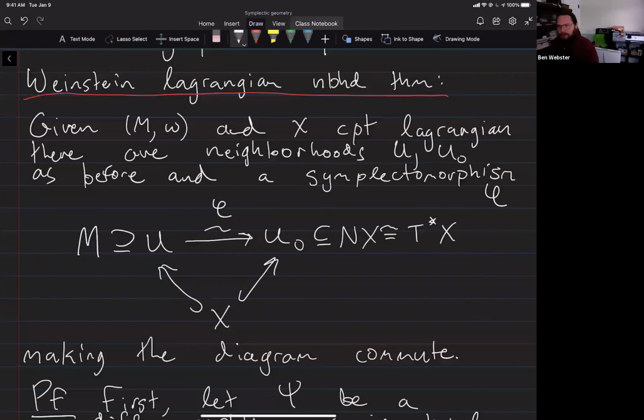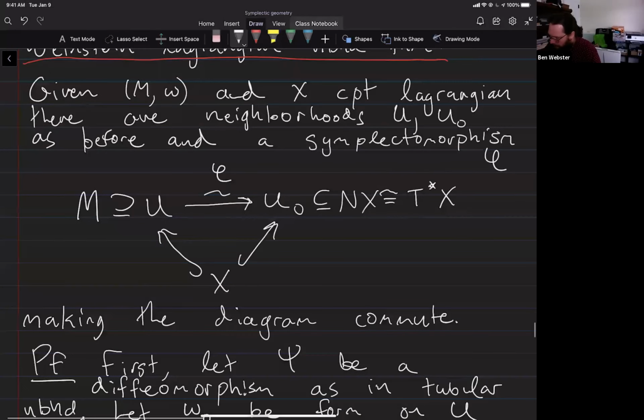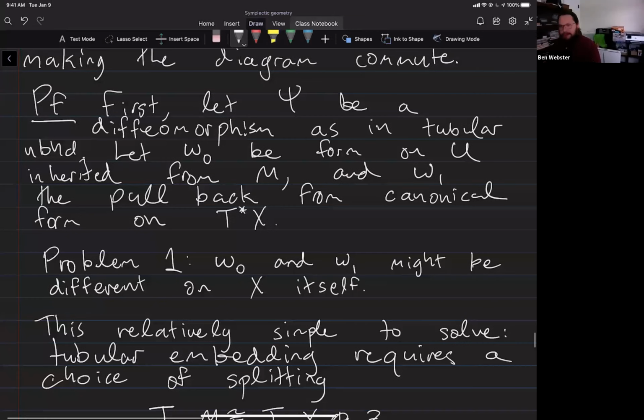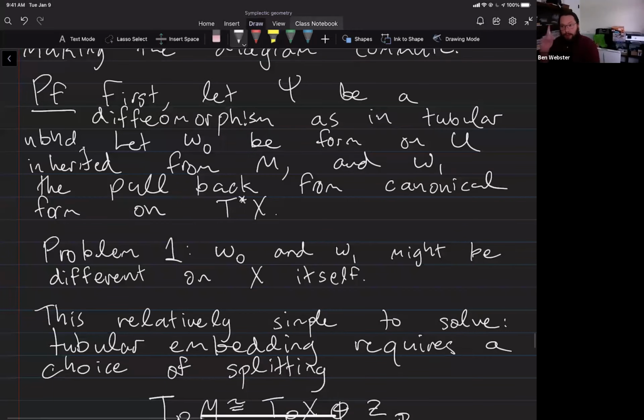All right, so how do we actually prove something like this? I think the tempting thing to do is to say, aha, we know about this Moser trick. Every time we've done this, we start with the best approximation we can get, and then we say, probably the symplectic forms aren't going to match.